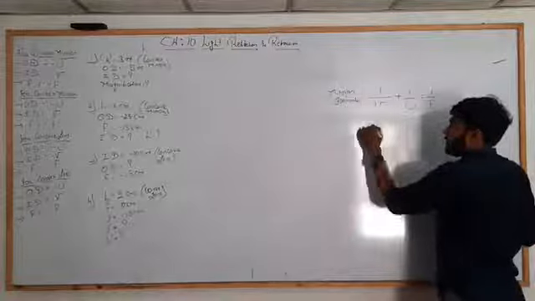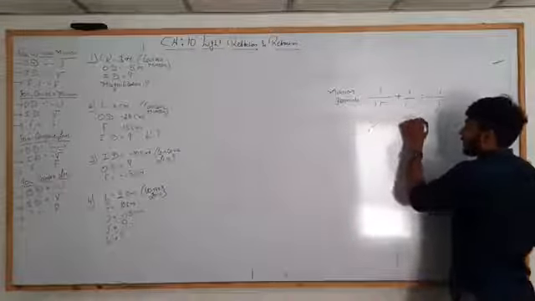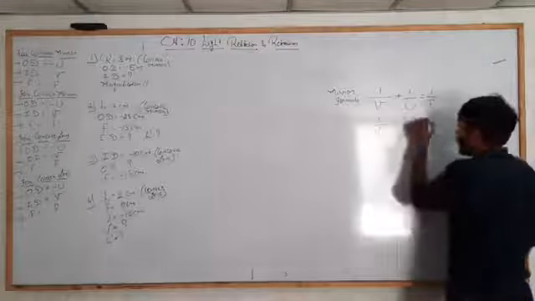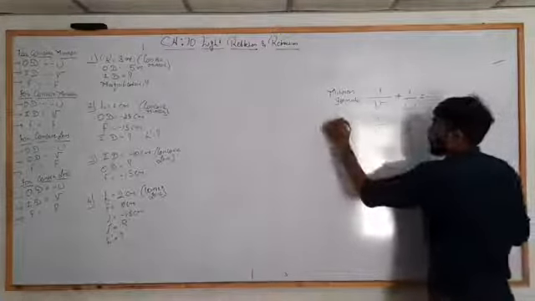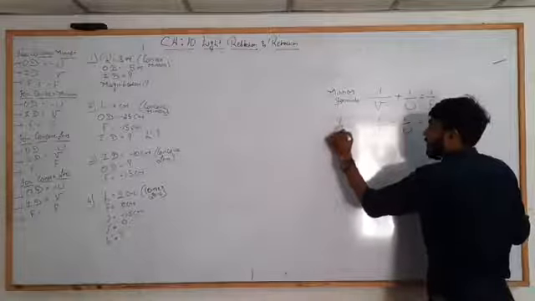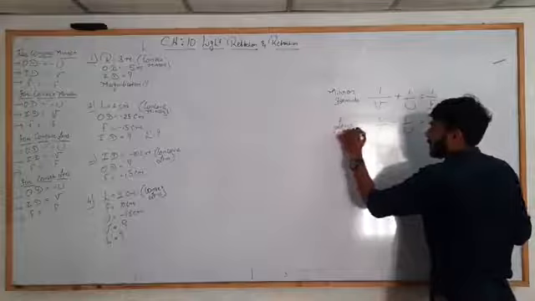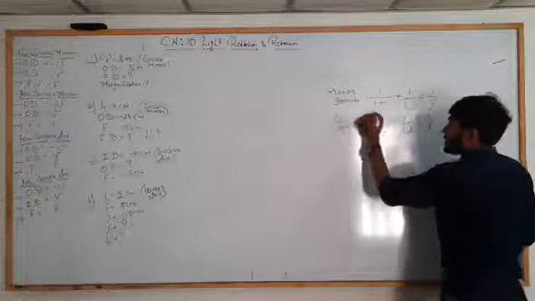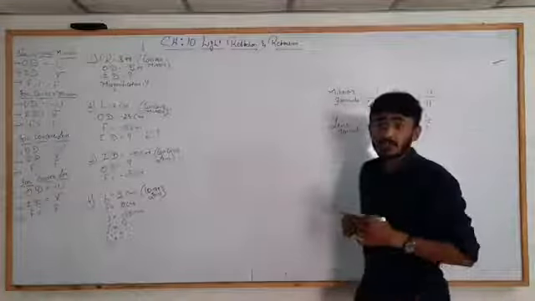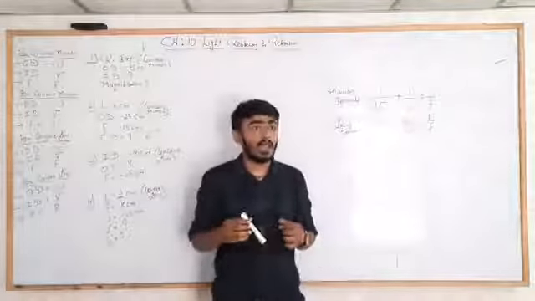And if we are having a negative sign in between, that is 1 upon V minus 1 upon U is equal to 1 upon F, then that will be our lens formula. Here V is the image distance, U is the object distance and F is the focal length.